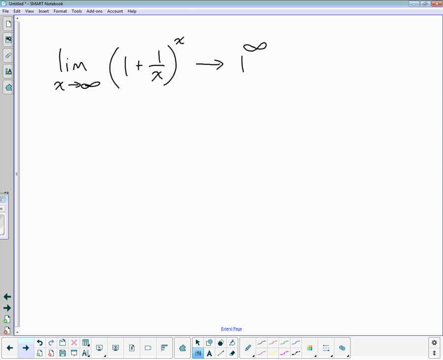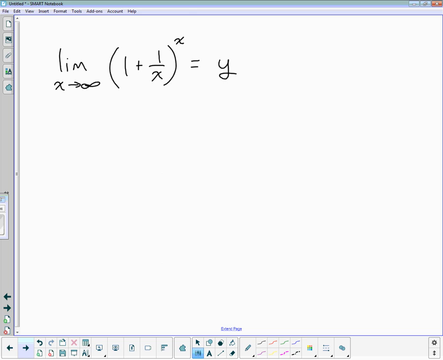Okay. So whatever this thing is that we don't know what it is, we'll just put it out of our minds for a moment. But let's assume that it goes to some value. Let's call it y, just for argument's sake. Now, if I take a log of both sides of this equation, that limit is permeable to a log.